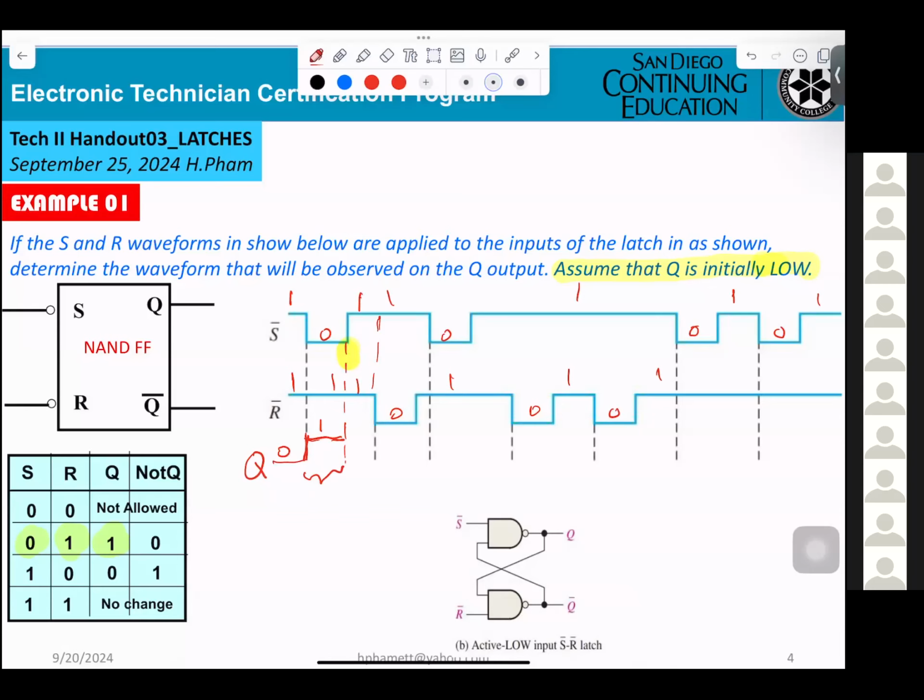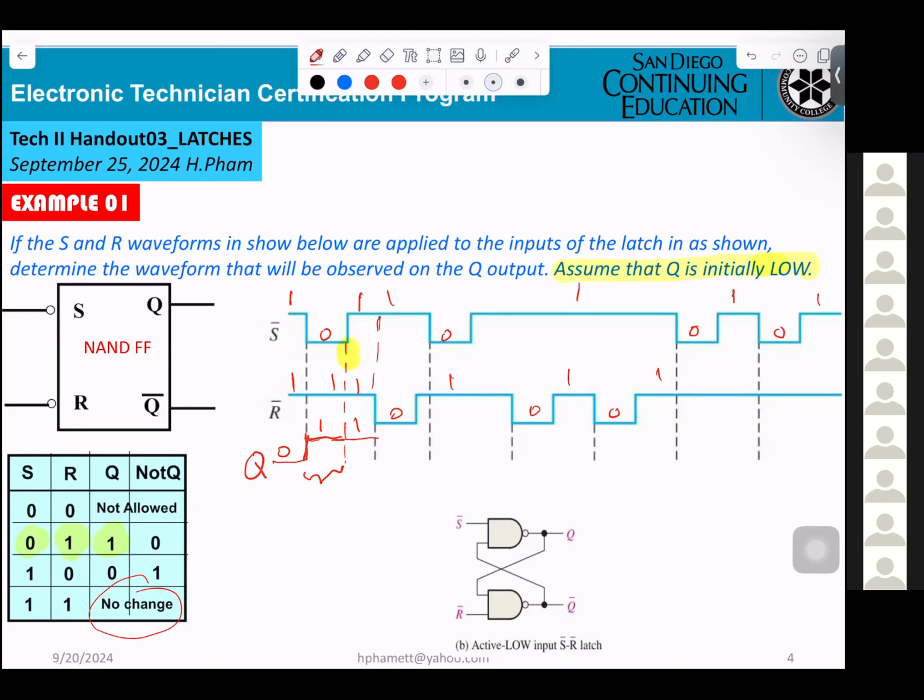No change means Q equals 1, so it still stays 1. So you know how to look at the signal and come up with the output Q, right? You get that? Yes. So the next one would be not allowed, right?